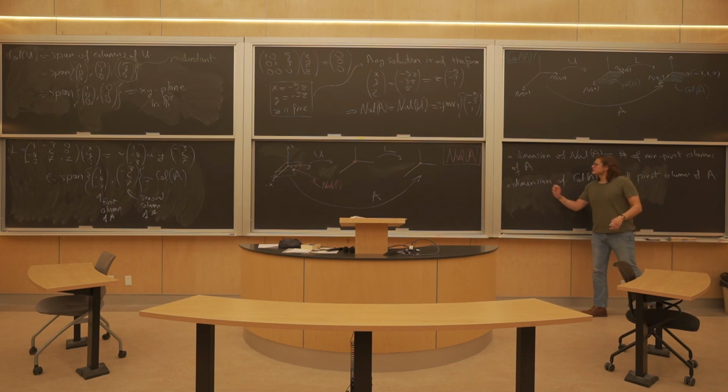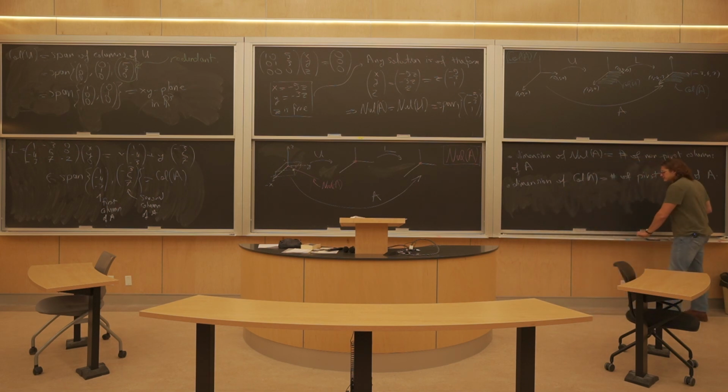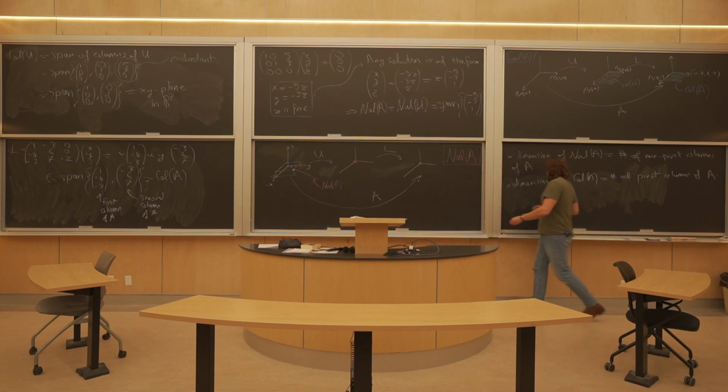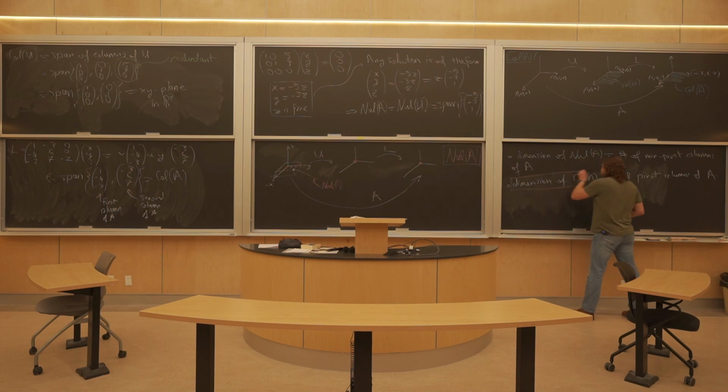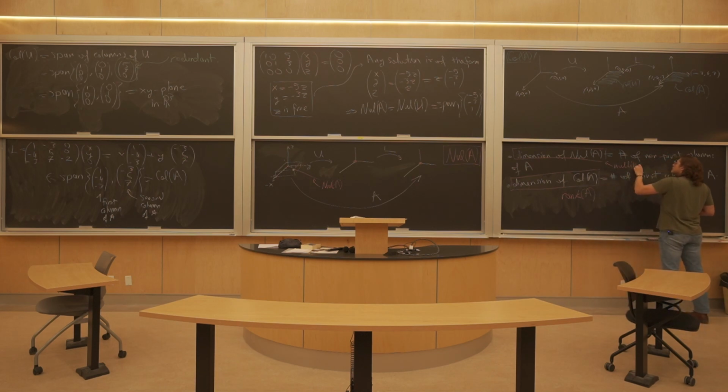The dimension of the column space of A is called the rank of A. Not to be mistaken with PageRank. It's a different thing. This is called the rank of the matrix. It's a number. And this is called the nullity of the matrix. So, nullity of A. Okay?